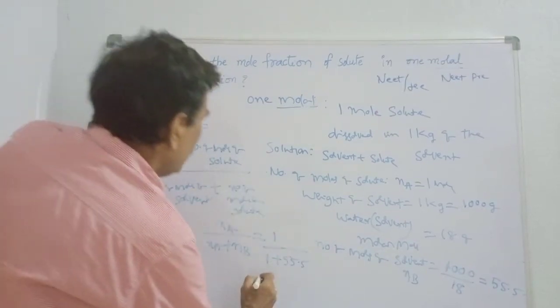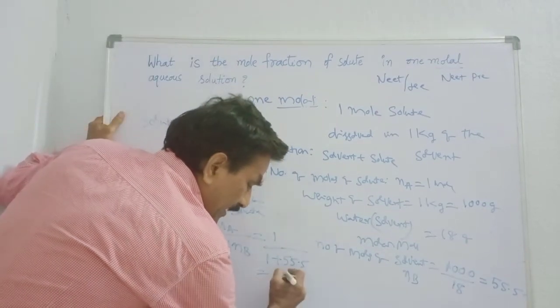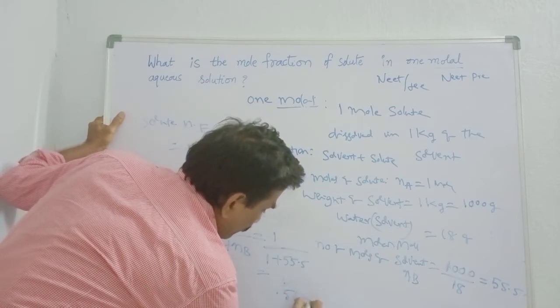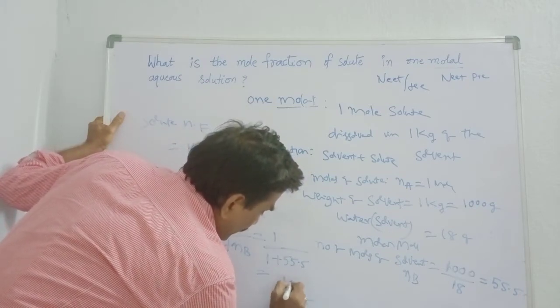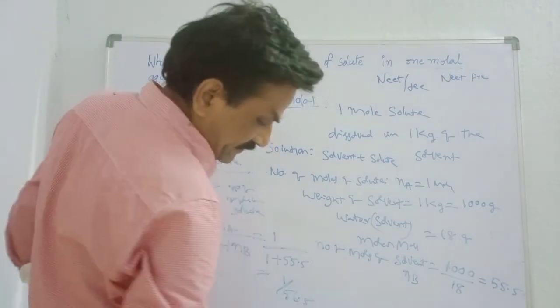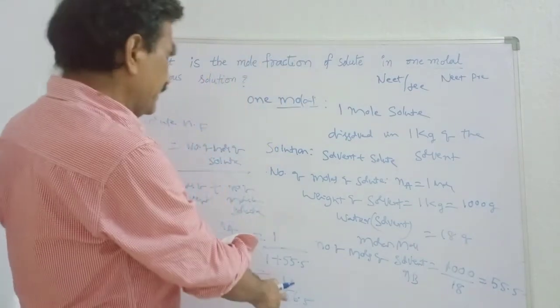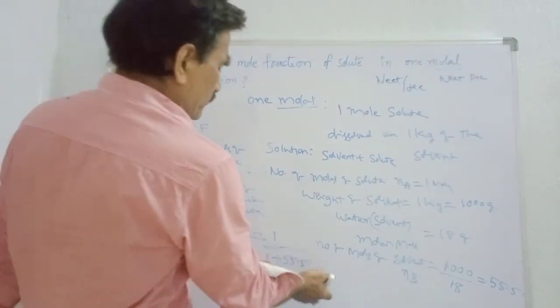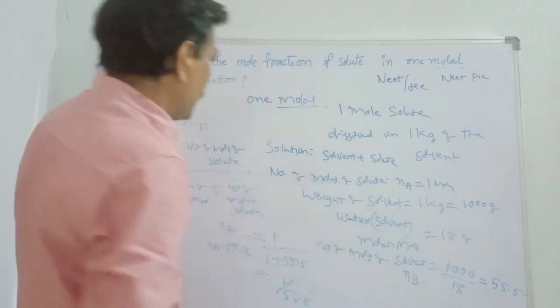Okay, this is 1 by 56.5. This indicates mole fraction of the solute, 0.01, if you go for calculation.